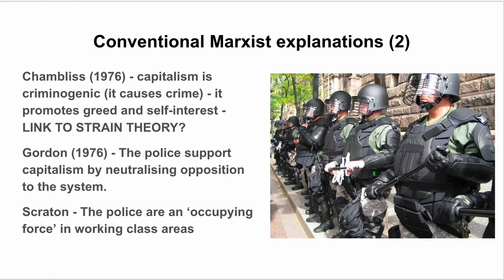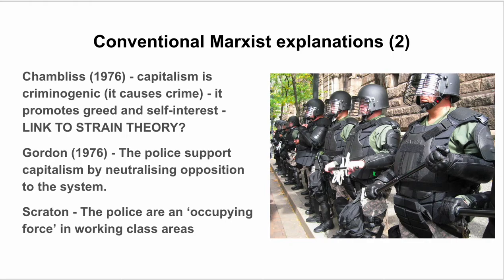Chambliss says that capitalism itself is criminogenic. So capitalism causes crime. The explanation for this is that Chambliss says it promotes greed and self-interest. We are taught to work hard, get ahead, it's dog eat dog, that kind of thing.